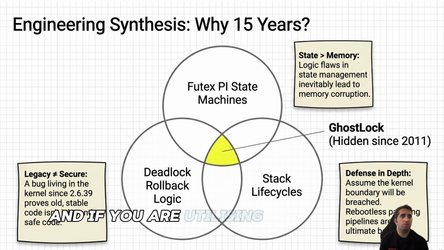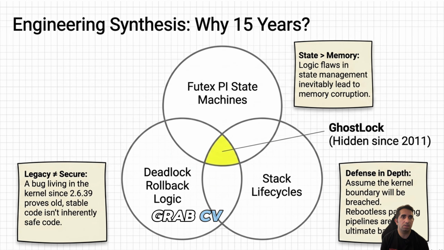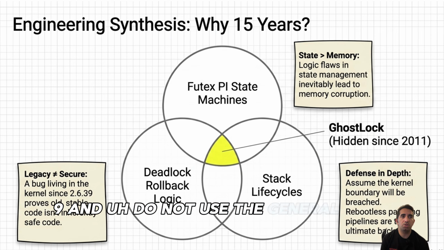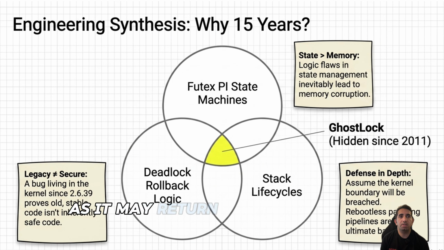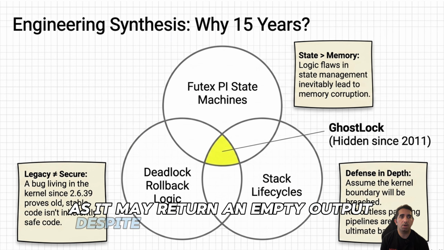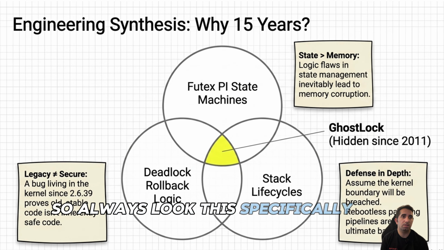And if you are utilizing the live patch, use the command kcarectl --patch-info | grep cve-2026-43499, and do not use the general --info flag here, as it may return an empty output despite being correctly patched. So always look specifically for the CVE identifier.